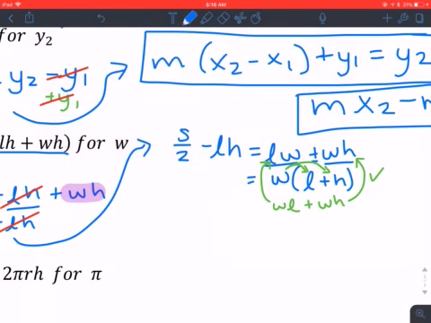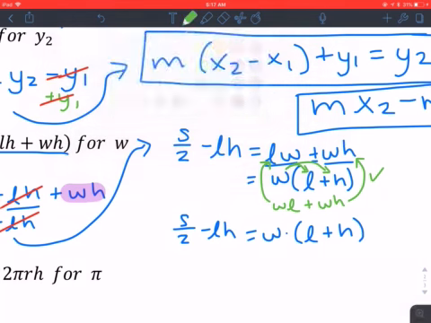So I'm going to go ahead and rewrite what I did. I factored out the W so that I only have one W. Nothing's changed on the left yet. Now that I have that one W, it's being multiplied by L plus H. So to get rid of the L plus H, I'm just going to divide by L plus H on both sides.